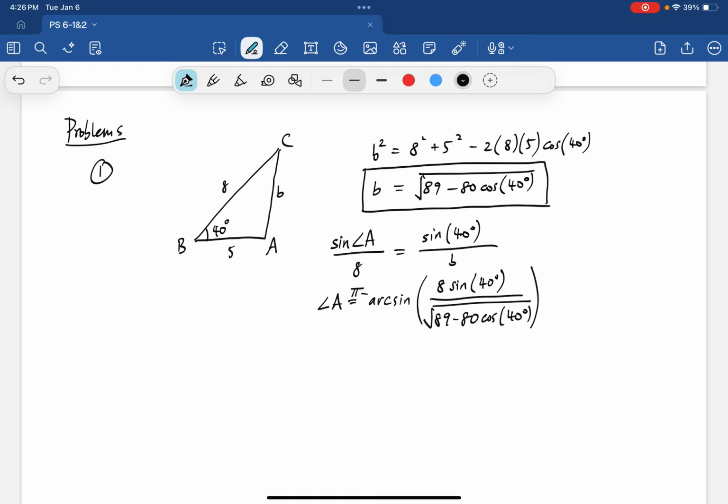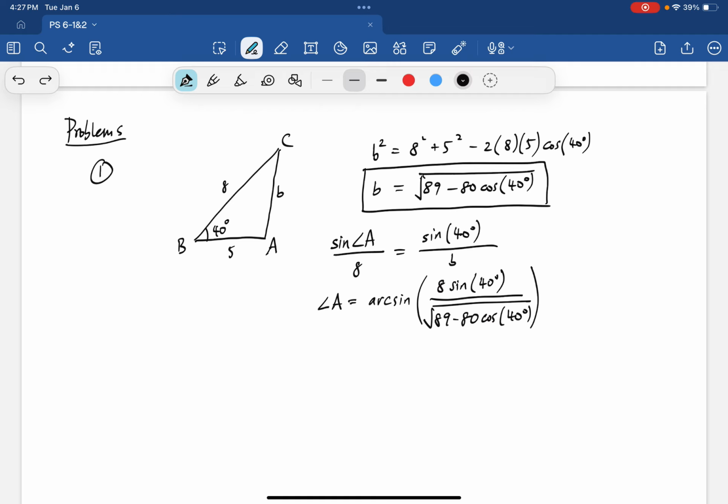The reason being that A is actually an obtuse angle, which is not something that arcsine could ever give us, because arcsine is always bounded between negative pi over 2 and pi over 2. The problem is that it is pretty much impossible for you to figure out without a calculator. And so on whatever homework check, I am going to accept this as the final answer, even though theoretically it's wrong.